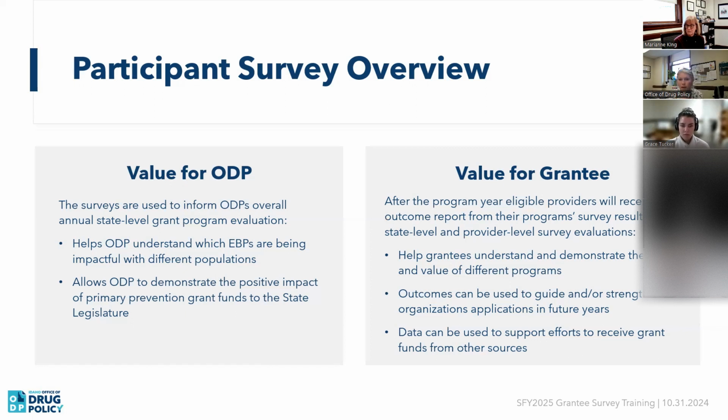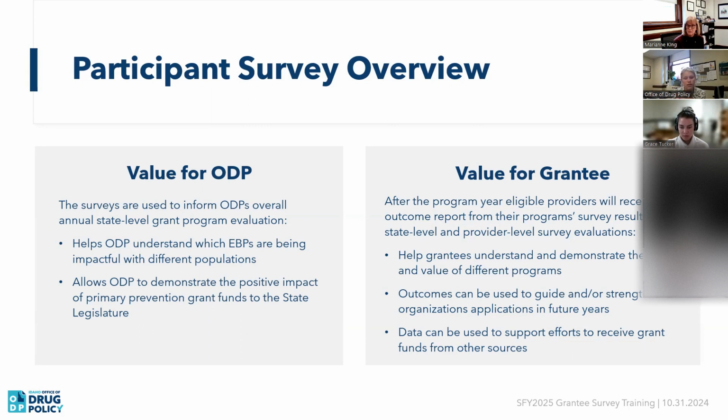outcomes report. But those reports, as well as the state level report, can help grantees understand the impact and value of different evidence-based programs. And the outcome data can help grantees demonstrate their impact and be used to help guide and strengthen their applications for future grant cycles. Additionally, the data can be used to support efforts to receive grant funds, both from ODP, but also from other sources.